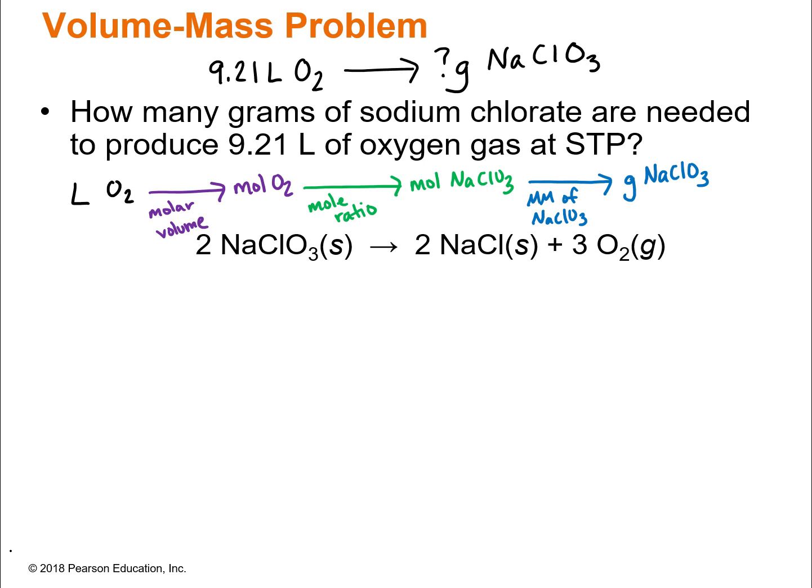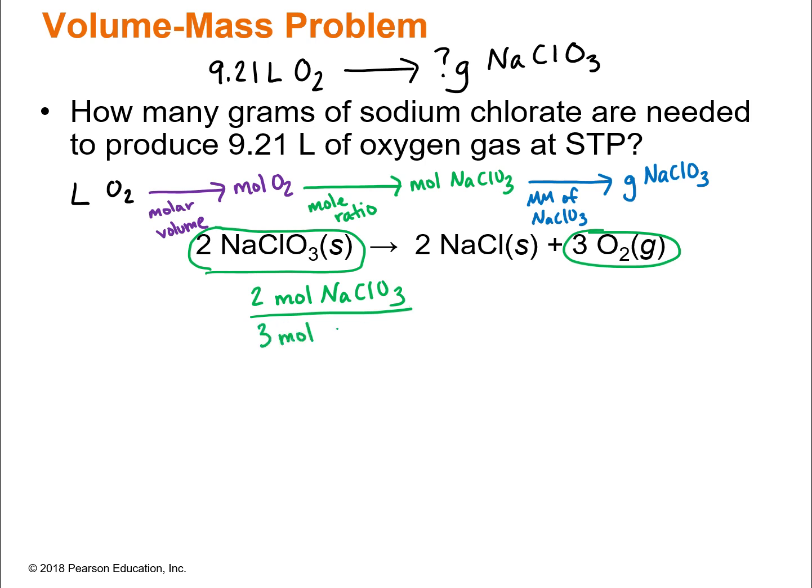Let's write out the mole ratios that we have from this chemical equation. We're only concerned with sodium chlorate and oxygen gas. So for our mole ratio options, we've got 2 moles of sodium chlorate over 3 moles of oxygen gas, or we can use the reciprocal.